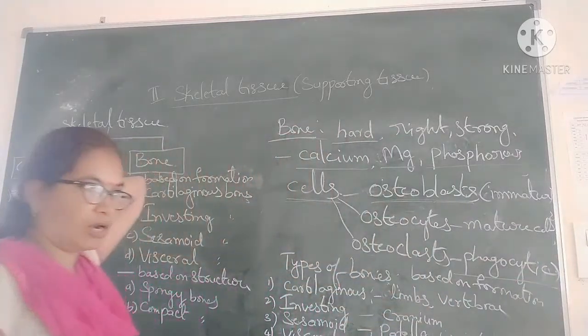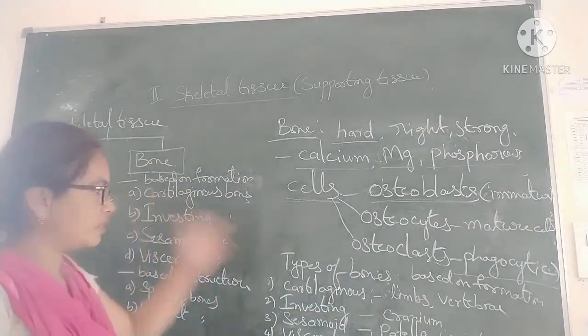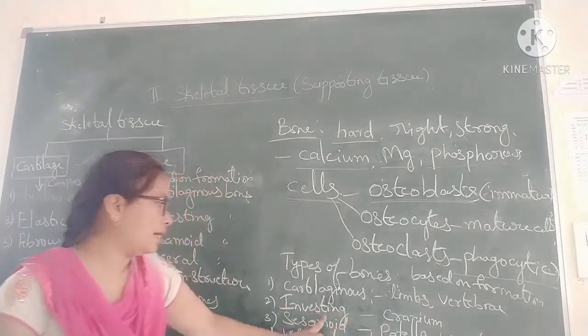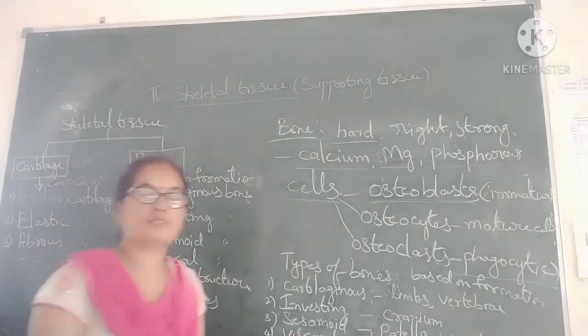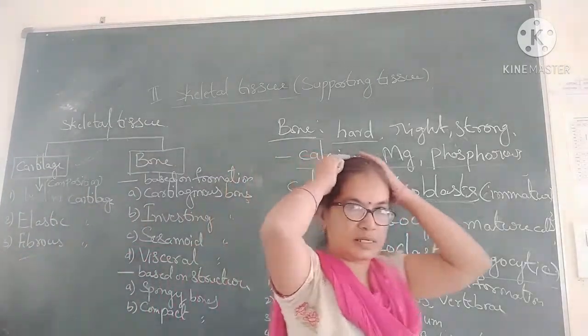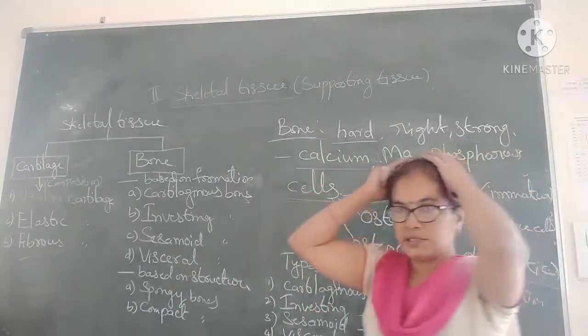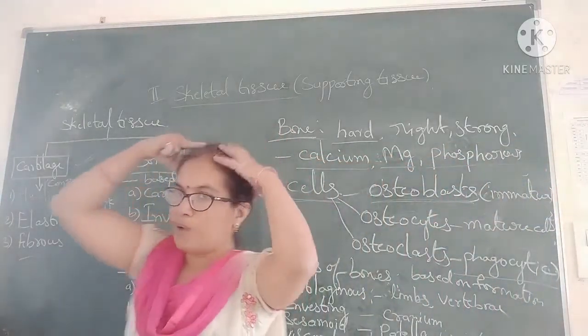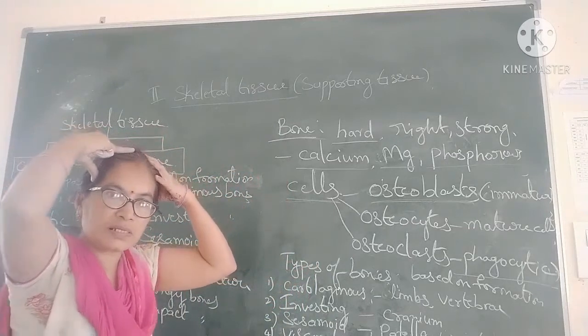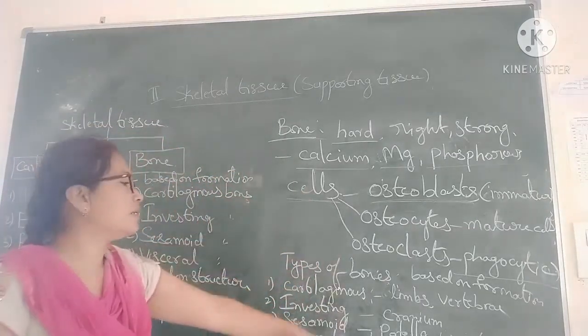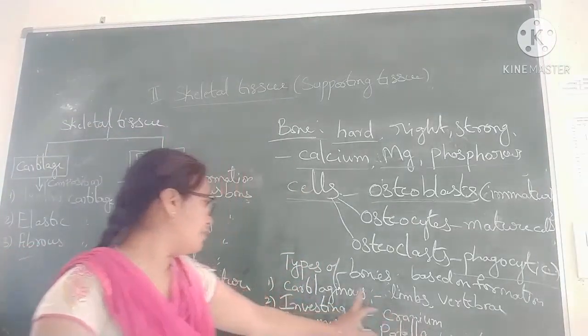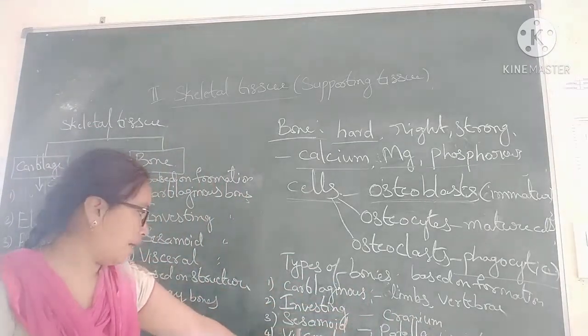Investing bones are present in the cranium, our skull, which covers the brain.